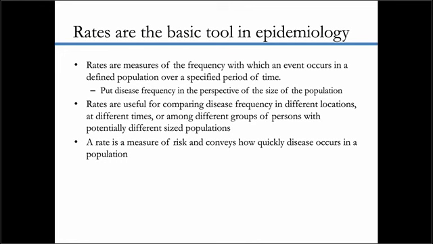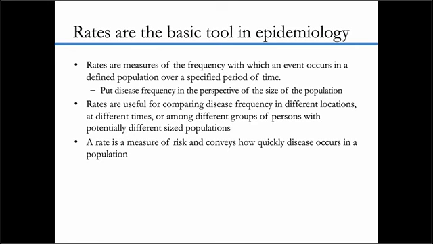So rates are useful for comparing disease frequency in different locations at different times or among different groups of people with potentially different sized populations. And many of the rates that we talk about are a measure of risk, and they can convey how quickly disease is occurring in a population. So the higher the rate, the more quickly we're seeing that disease happening in a population.